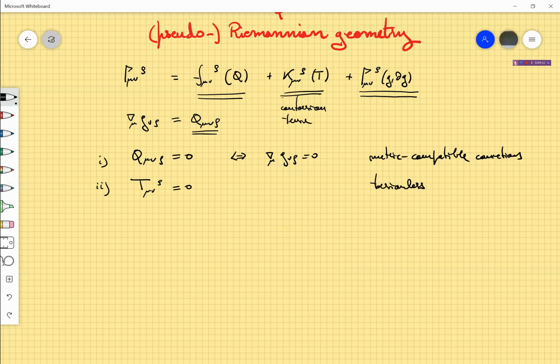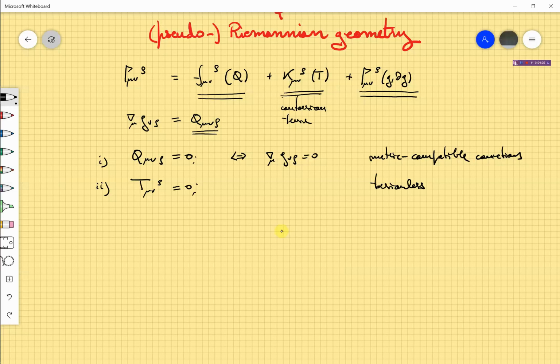Now, if you wonder if this gamma mu nu rho, which is only a function of g and partial g, is unique, or it can be modified in some way with some parameters, the answer is no. There is a unique connection which is determined by these two conditions that we have imposed right now: metric compatibility and absence of torsion.